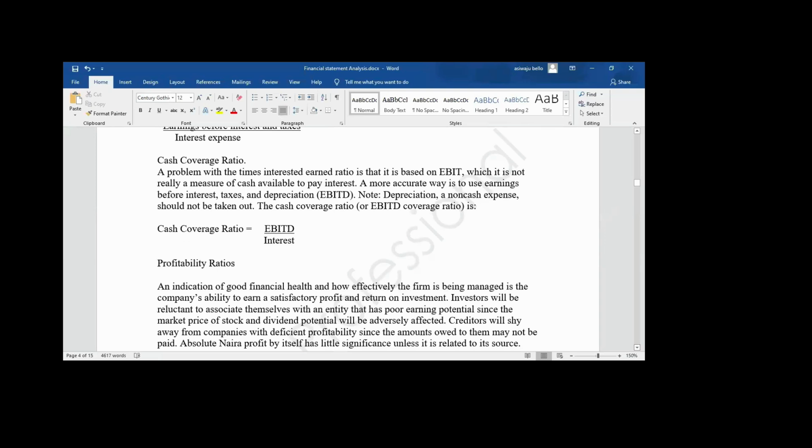An indication of good financial health and how effectively the company is being managed is the company's ability to earn satisfactory profits and return on investment.